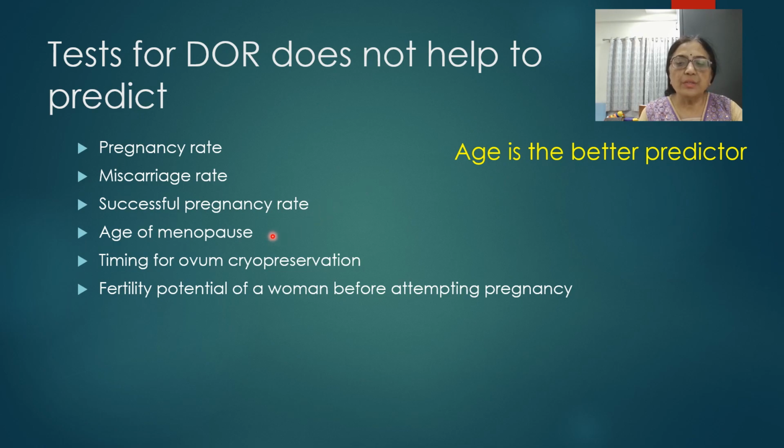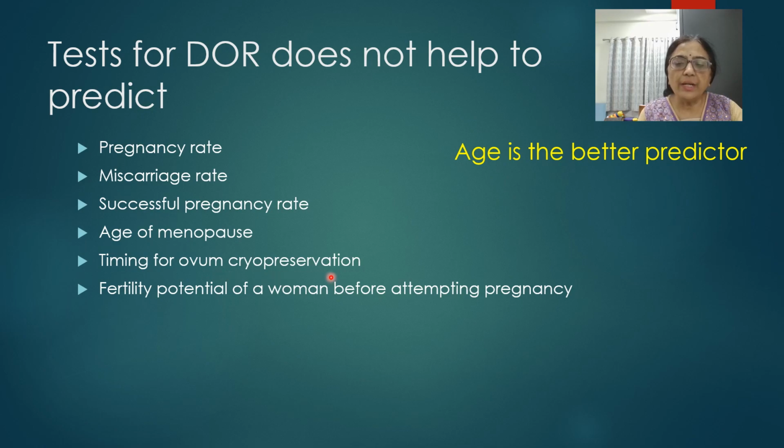Age of menopause should also not be derived or predicted on the basis of this test. Timing of oocyte cryopreservation: now, more and more women are going for careers and then having late marriages or late decisions for childbearing, and there is always a possibility that they might be going for cryopreservation.